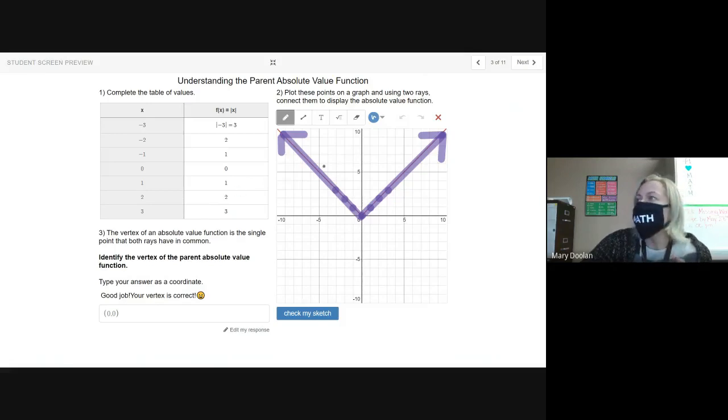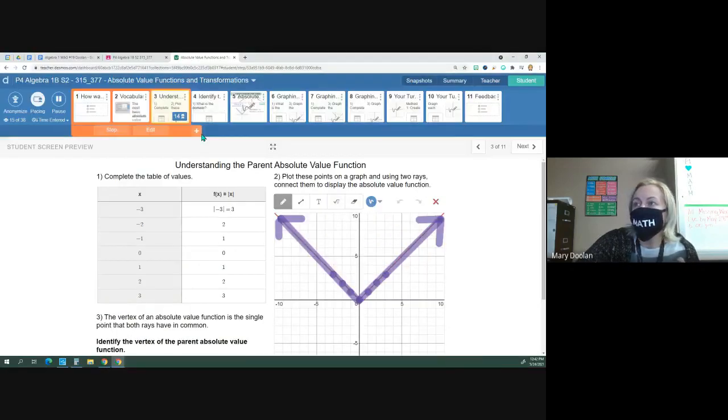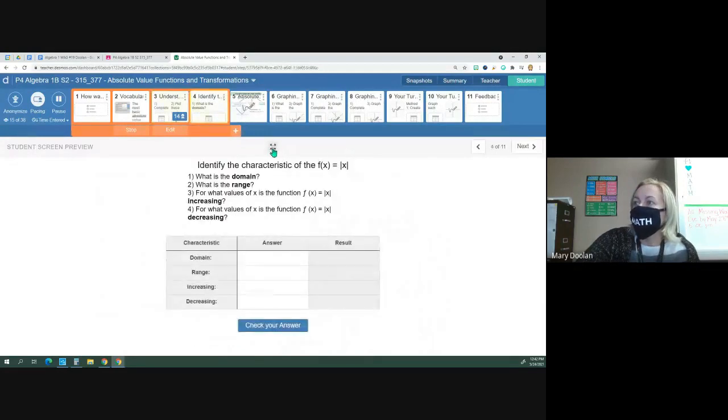All right. So let's go ahead and move to the next screen, the fourth slide here. We're going to identify the characteristics of the function f(x) equals the absolute value of x. First question here: what is the domain?